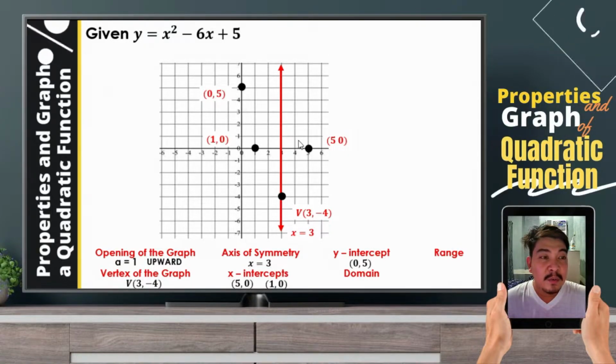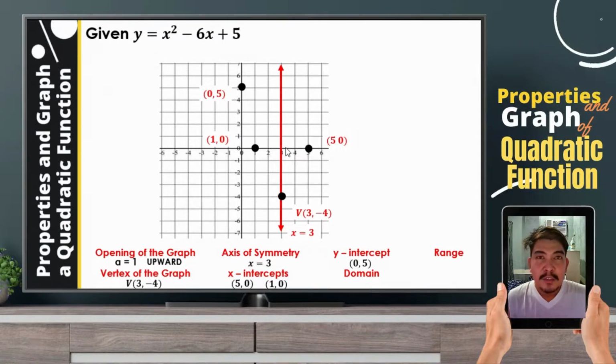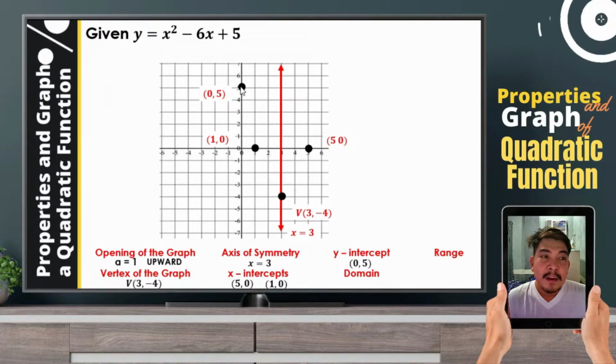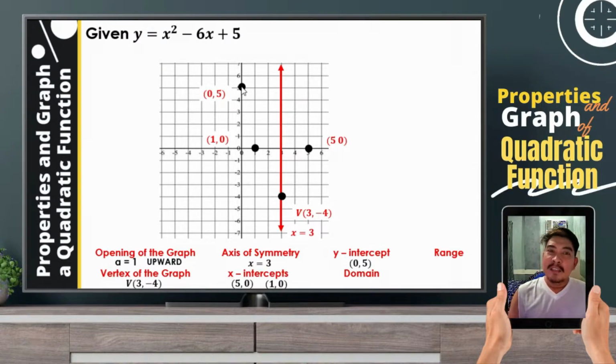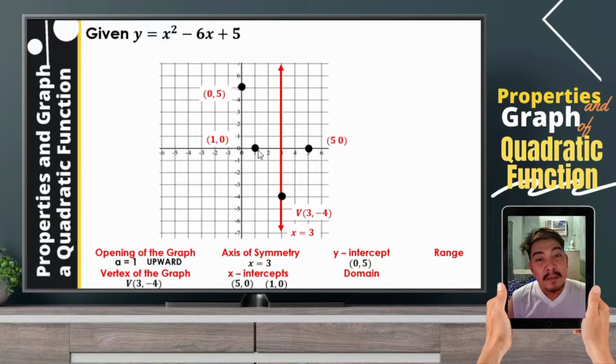From 5 comma 0, 2 units to make it to the axis of symmetry. The same concept will be applied in order for us to get the reflection, or the symmetric point, of 0 comma 5. The axis of symmetry can serve as a mirror. So 1 comma 0, the reflection is 5 comma 0.